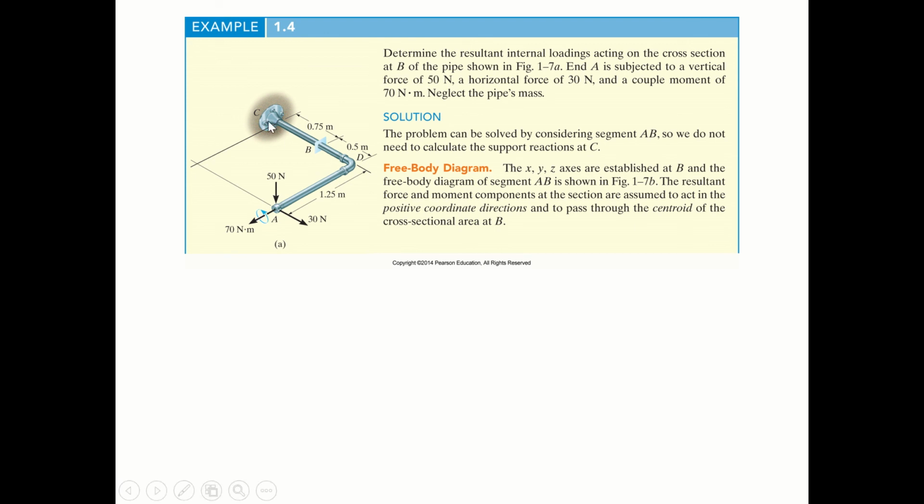If we could calculate at point C, why not just calculate B directly? We could calculate B directly.